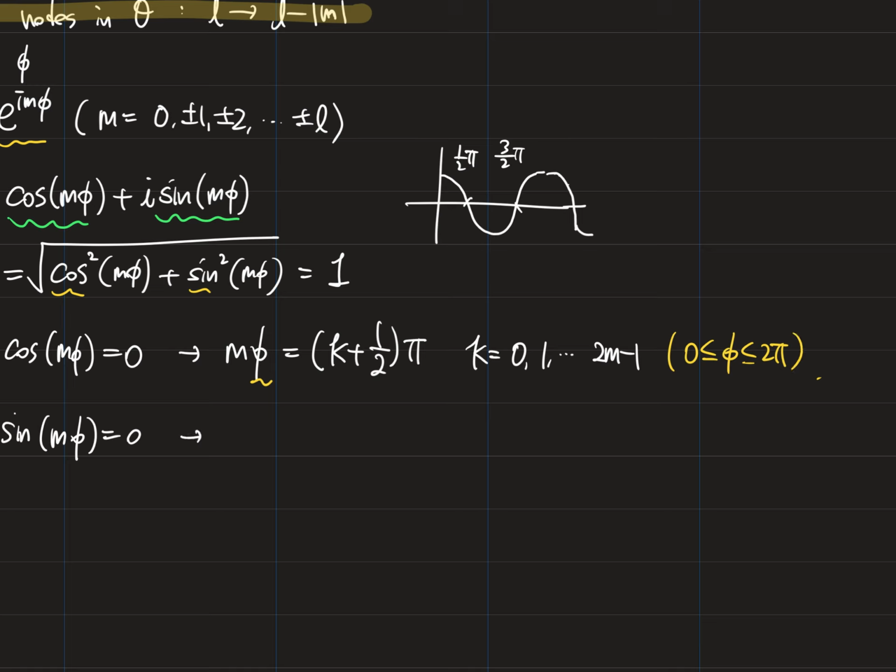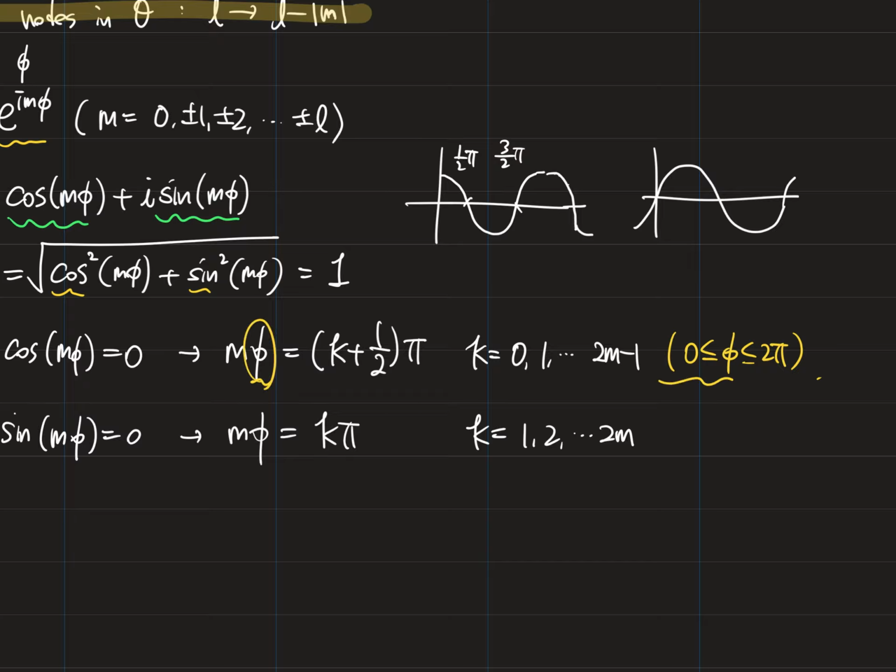And what about the sine part? Here the sine function becomes 0 for the integer multiples of pi. So simply this is k pi, and k equals 1 up to 2m, because of the restriction on P here.